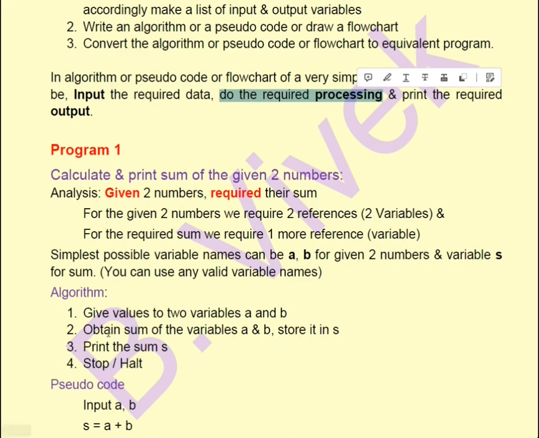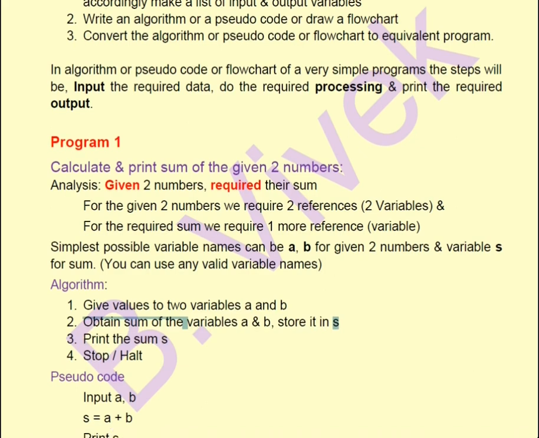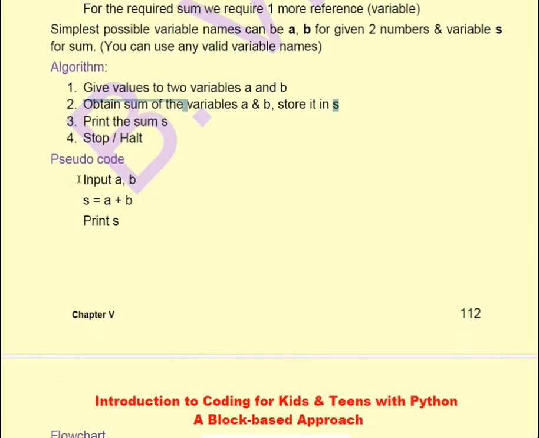So the second step will be: obtain the sum of the variables a and b and store it in variable s, which is the output variable. Then print the required output. So the third step will be: print the sum present in the variable s. Then stop or halt.